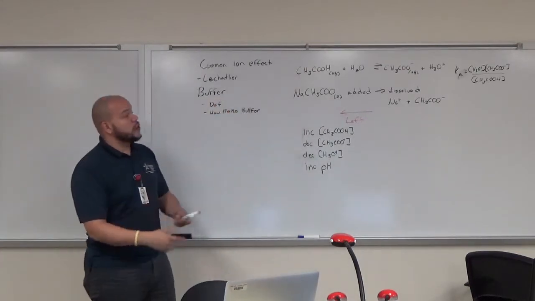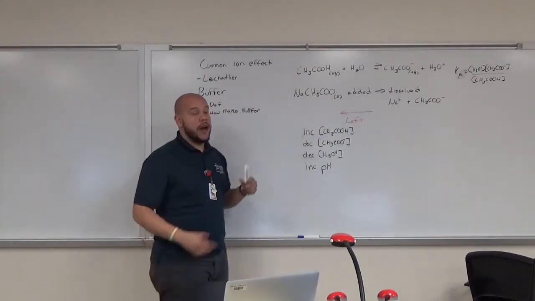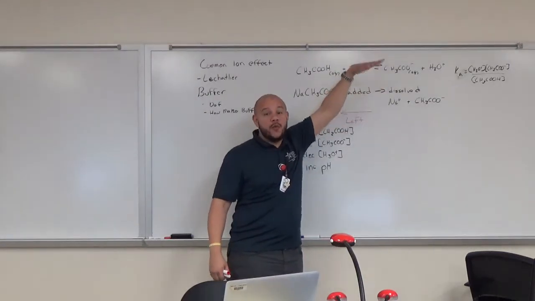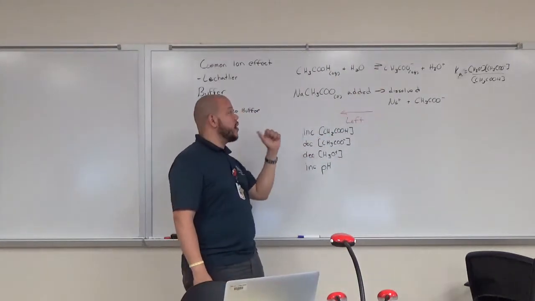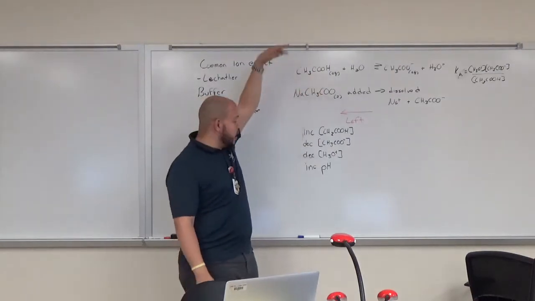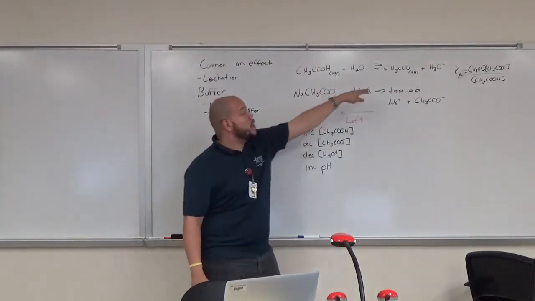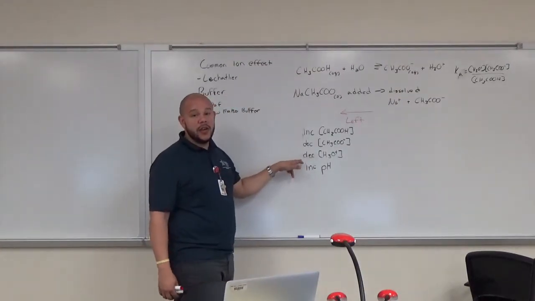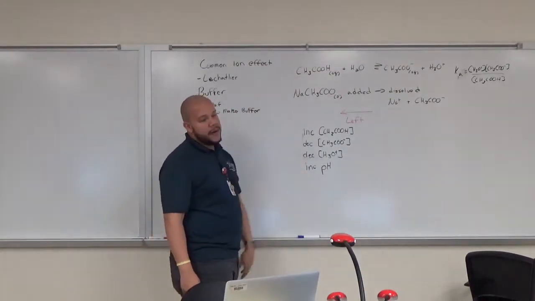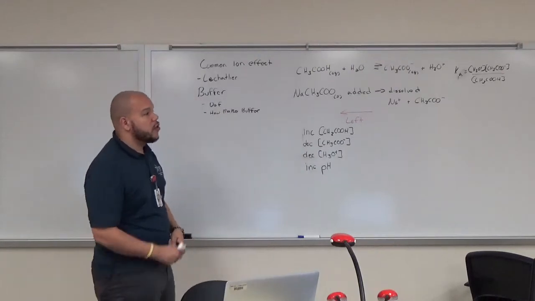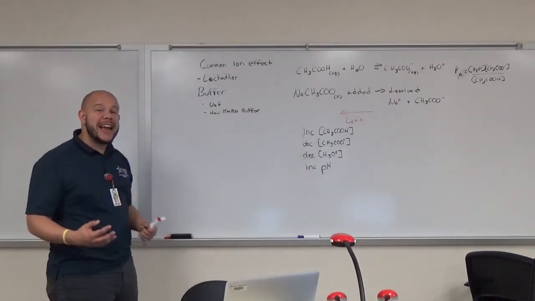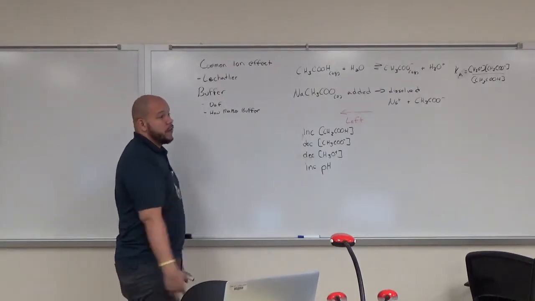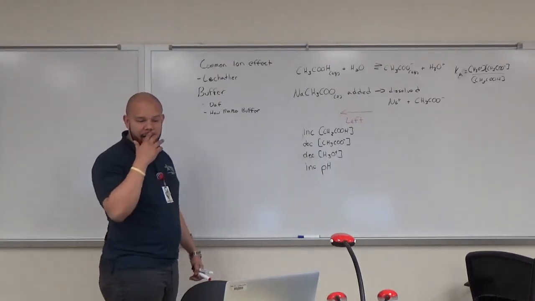So we are forcing the equilibrium left, right? We've added acetate, but acetate will decrease as equilibrium is reestablished. Acid will increase. We therefore have to decrease products, which will be a decrease in hydronium ion, and therefore an increase in pH, right? So the addition of a common ion will shift the equilibrium away from the side of the reaction where you added the common ion.